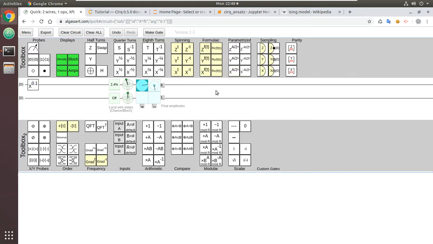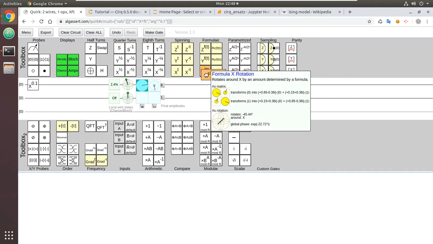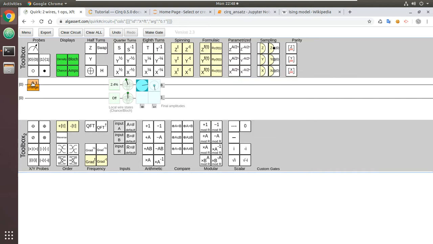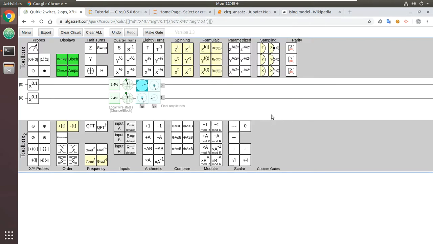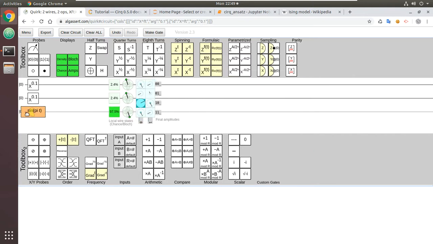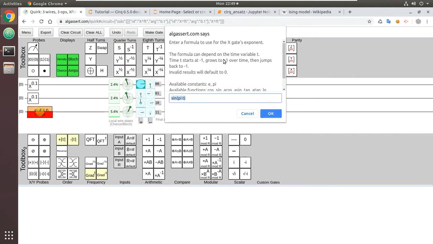So we can probably do two versions. Can I just copy that? Because I'm not having a mouse. So 0.1. That 0.1 gets exponent 0.1.